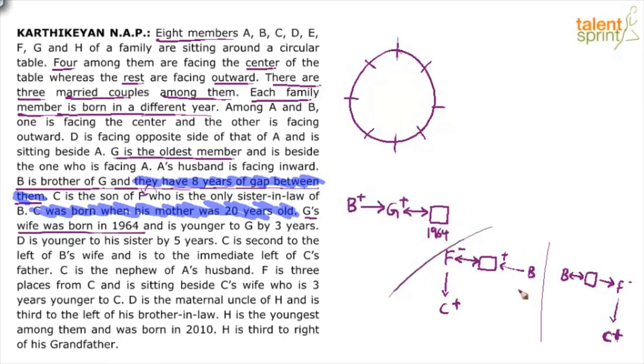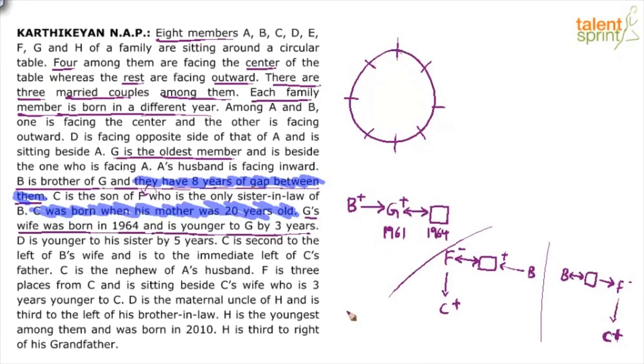Don't get confused. G's wife was born in 1964 and is younger to G by 3 years. So G would have been born in 1961, right? So G is 3 years older, or the wife is 3 years younger, right?